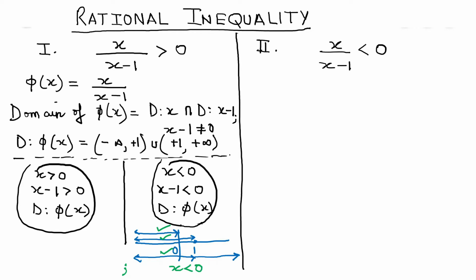So let us see the answer that we get from the other side. Again let us draw this. This is 1, this is 0, x is greater than 0, x is greater than 1, and then you need to take this with the intersection of the entire domain of phi x.